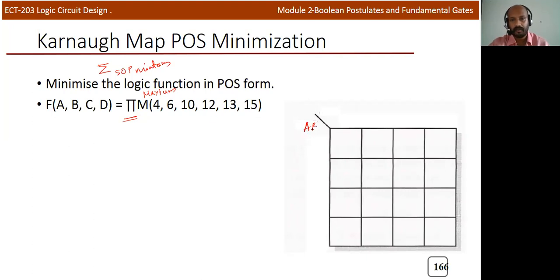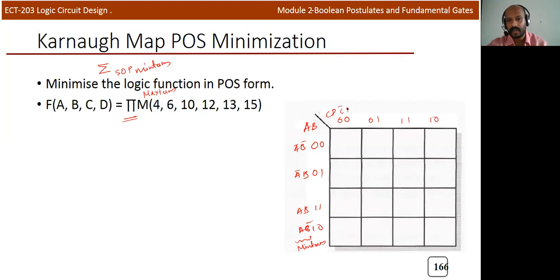We'll draw the K-map for ABCD in the usual way. Here it is 0, 0, 0, 1, 1, 1, 1, 0. The normal representation is A bar B bar, A bar B, A B, and A B bar. All these representations are min term representations.